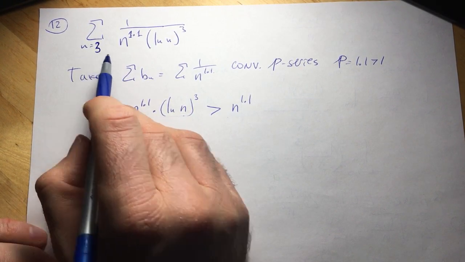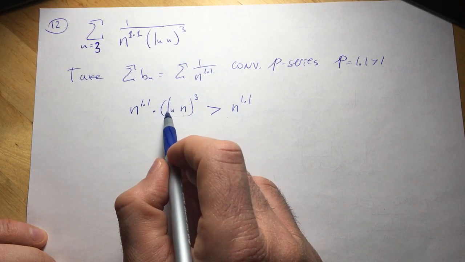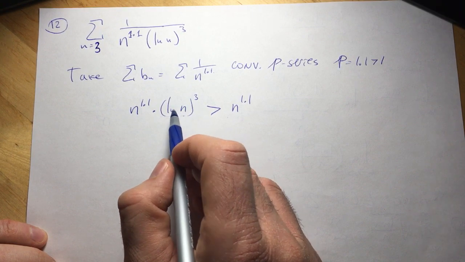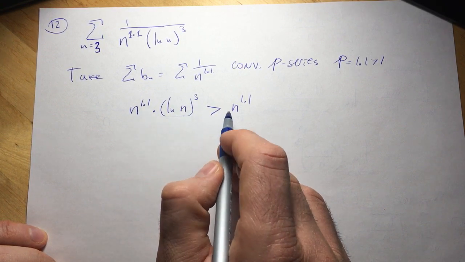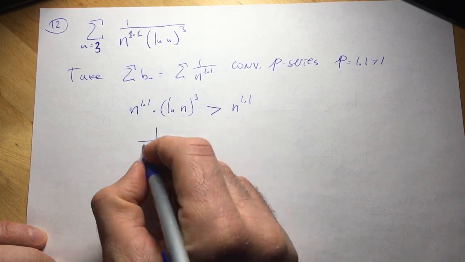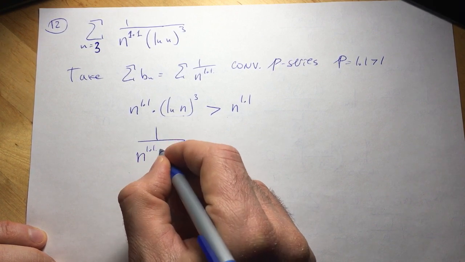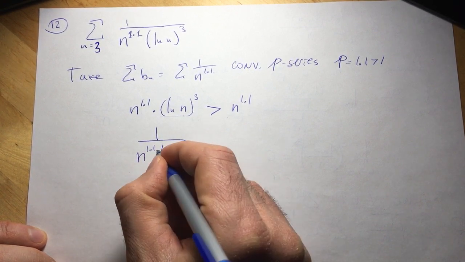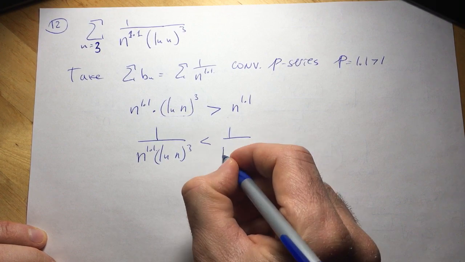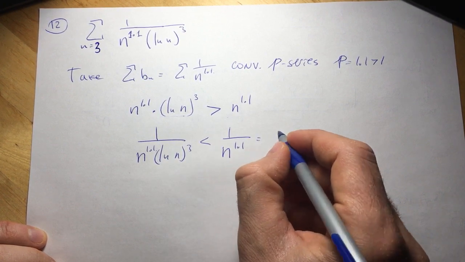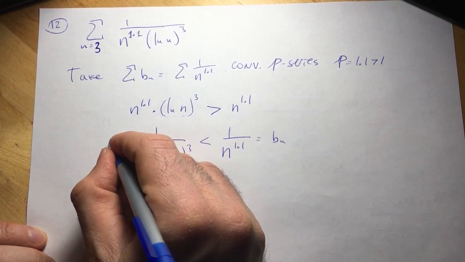So when n starts with 3, ln of n is greater than 1. So ln of n to the power 3 is greater than 1. So this inequality holds. Well, then if I take the reciprocal, 1 over n to the power 1.1 times ln of n to the power of 3 is less than 1 over n to the power 1.1. This is my bn. This is my an.